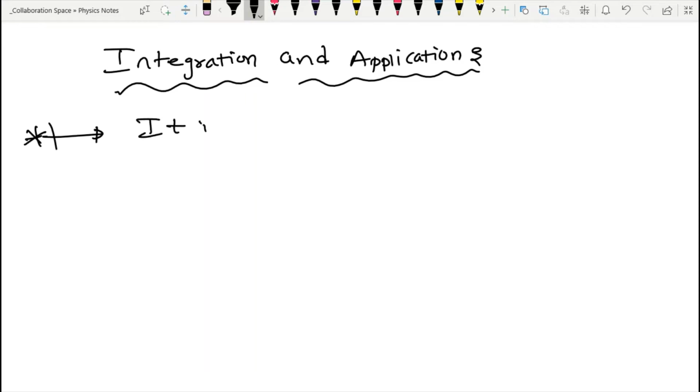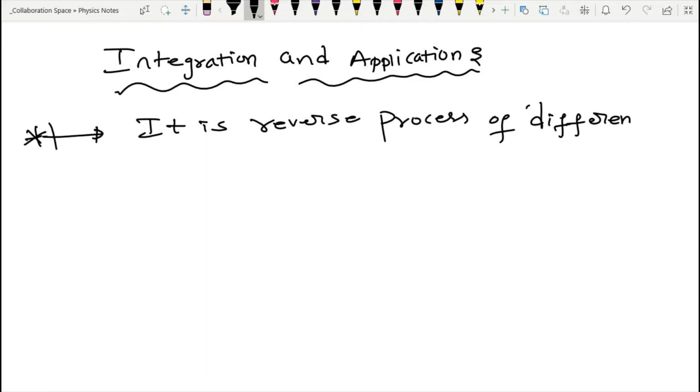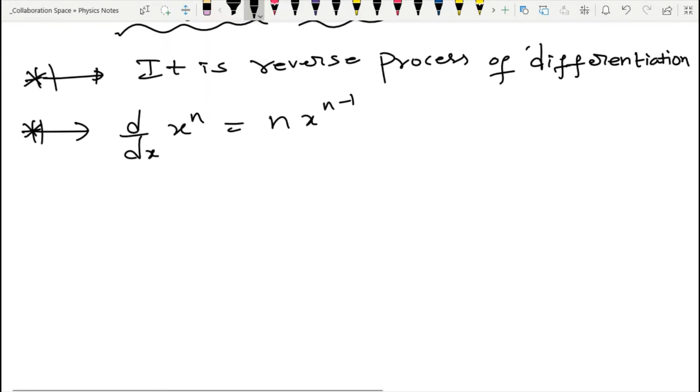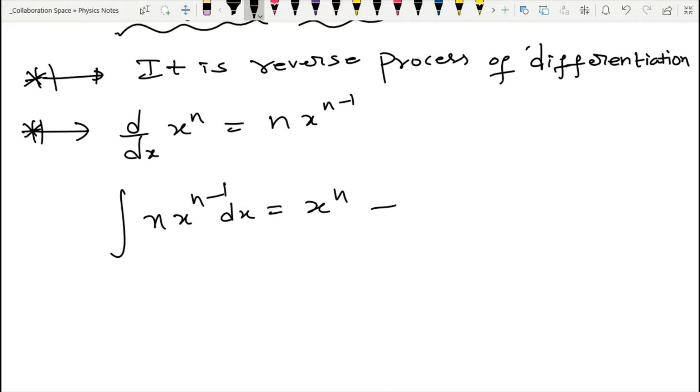It is the reverse process of differentiation. Now see students, I will write some formulas. What is dy by dx of x to the power n? n x to the power n minus 1, right? What is the integration of n x to the power n minus 1 dx? That is x to the power n plus c.